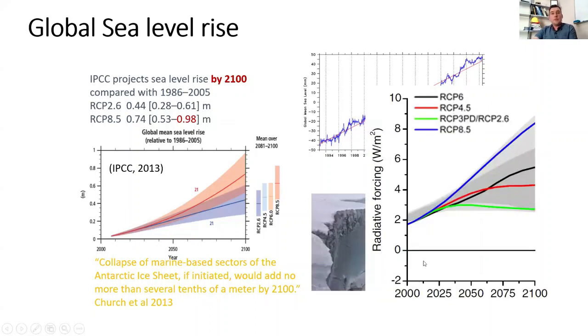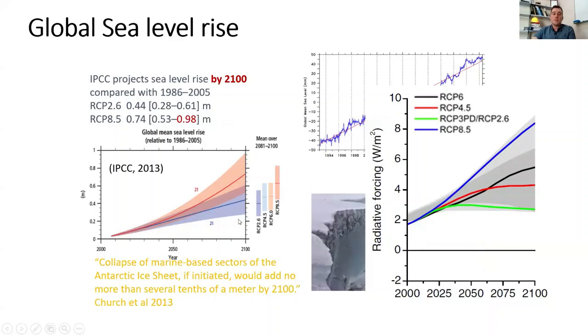I would just like to point out the radiative forcing pathways from the different RCP scenarios. Apologies for the colours not matching up here. The lowest one is this green line, where the radiative forcing reaches a peak in the middle of the century and then decreases towards the end of the century. What we notice in the ocean sea level rise is that it continues to increase over time, and there's not an instant response.